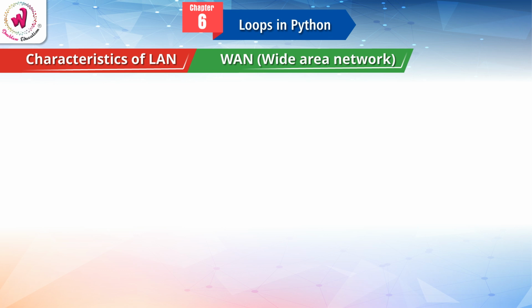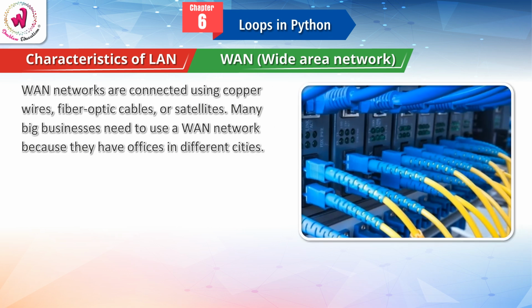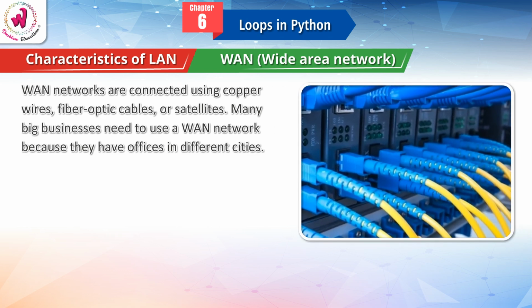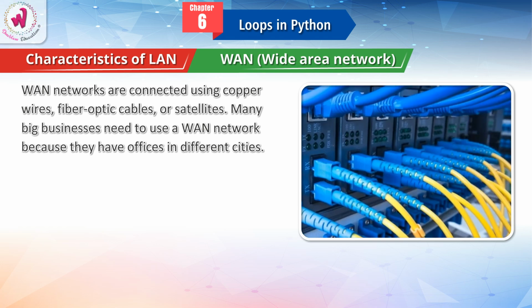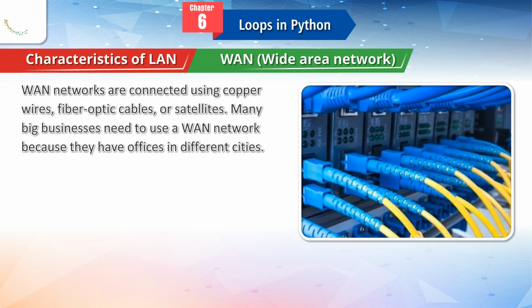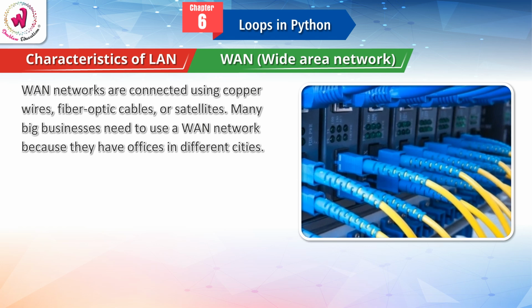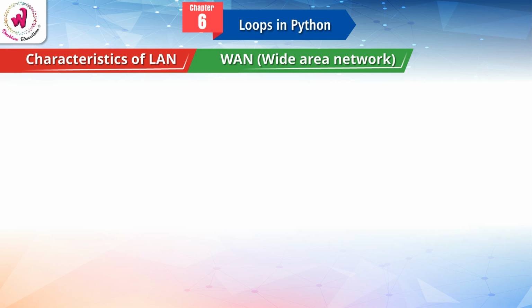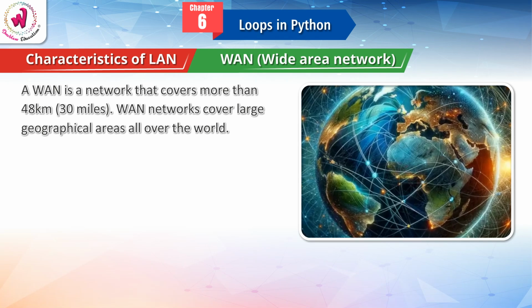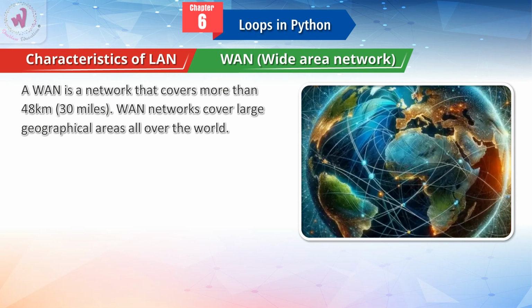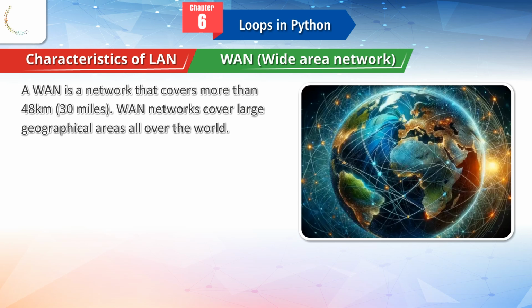WAN, Wide Area Network. WAN networks are connected using copper wires, fiber optic cables, or satellites. Many big businesses need to use a WAN network because they have offices in different cities. A WAN is a network that covers more than 48 kilometers, 30 miles.